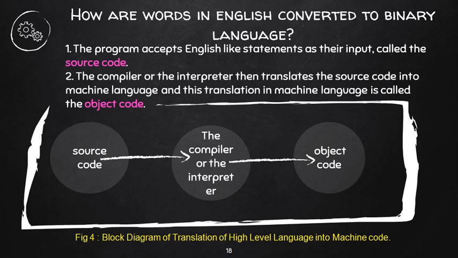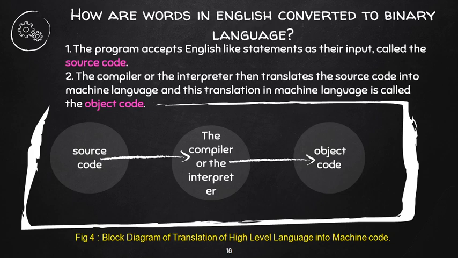The primary difference between a compiler and an interpreter lies in the process of generating machine code. The compiler reads the entire program first and translates it into the object code that is executed by the microprocessor. On the other hand, the interpreter reads one instruction at a time, produces its object code and executes the instruction before reading the next instruction. This is the basic difference between a compiler and an interpreter.